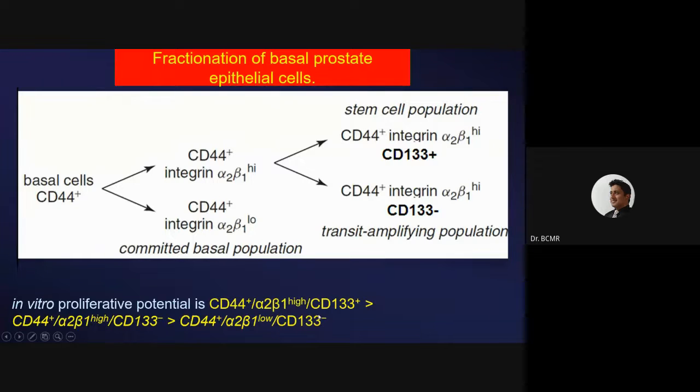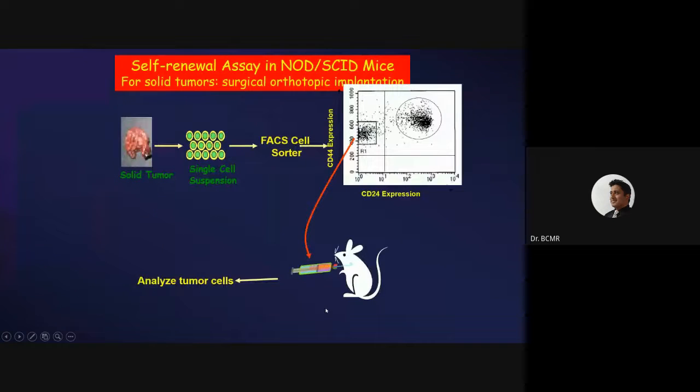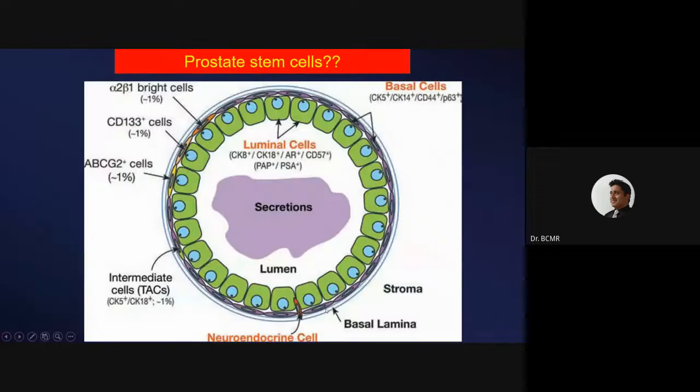Okay. In the last class, we discussed prostate cancer stem cells, and we learned about the types of cells that are there. The luminal cells are the actual functional ones that produce the prostatic fluid into the lumen.